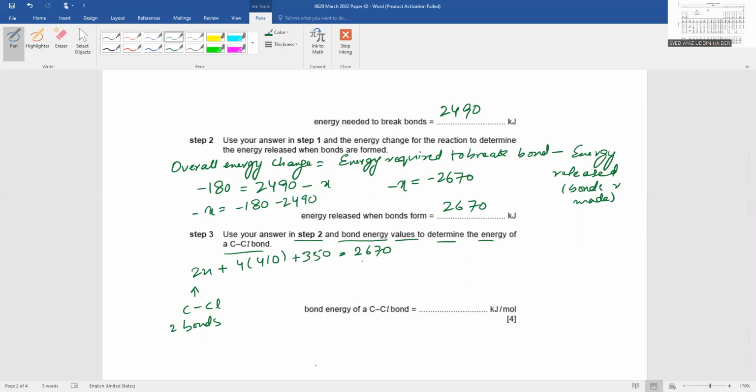So we will get 2x is equal to 2670 minus 1990, and 680 will be the answer. Then we'll divide 680 by 2 in order to get the value of x. So it will be 340 kilojoule per mole.